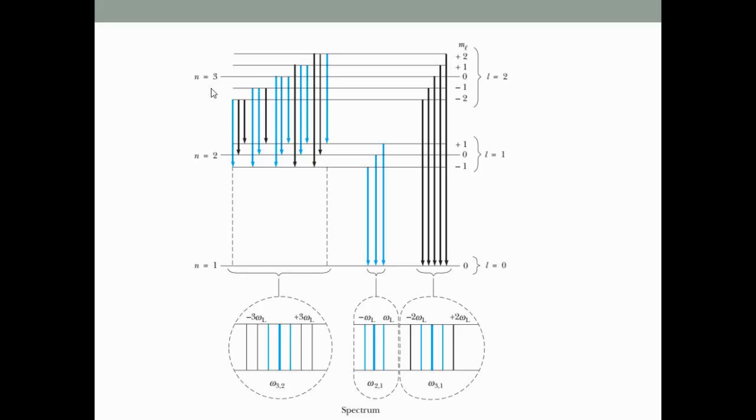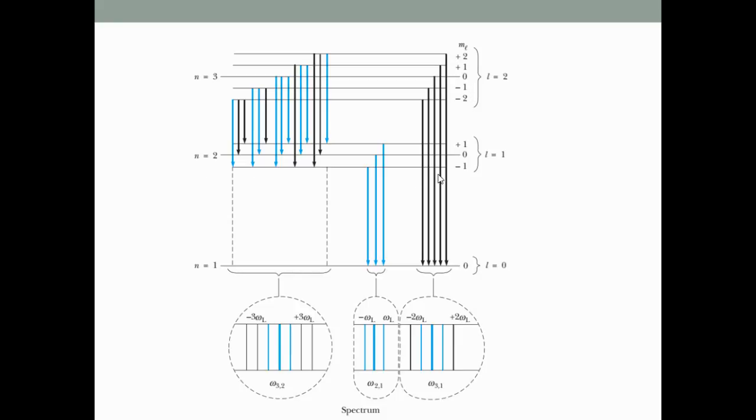Here n equal to 3, L can have the values L equal to 2, L equal to 1 and L equal to 0. ml can have the values plus 2, plus 1, 0, minus 1, minus 2.